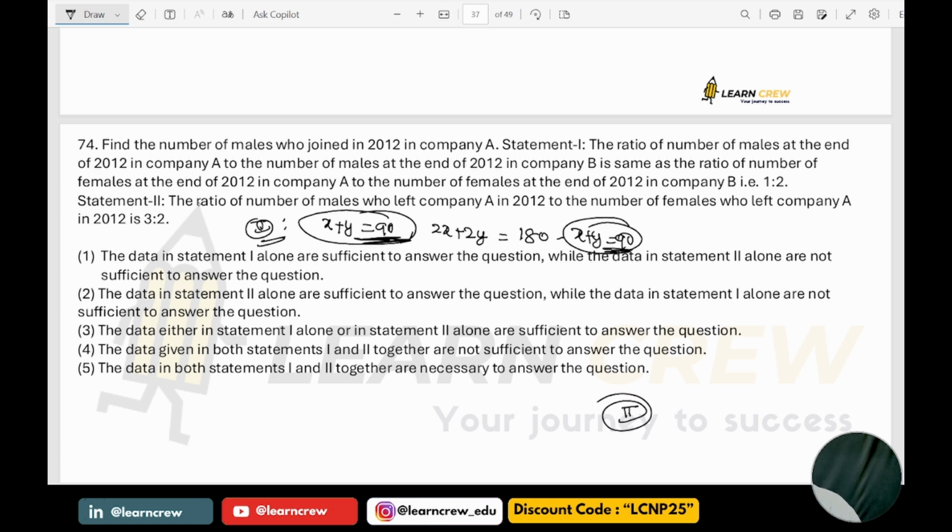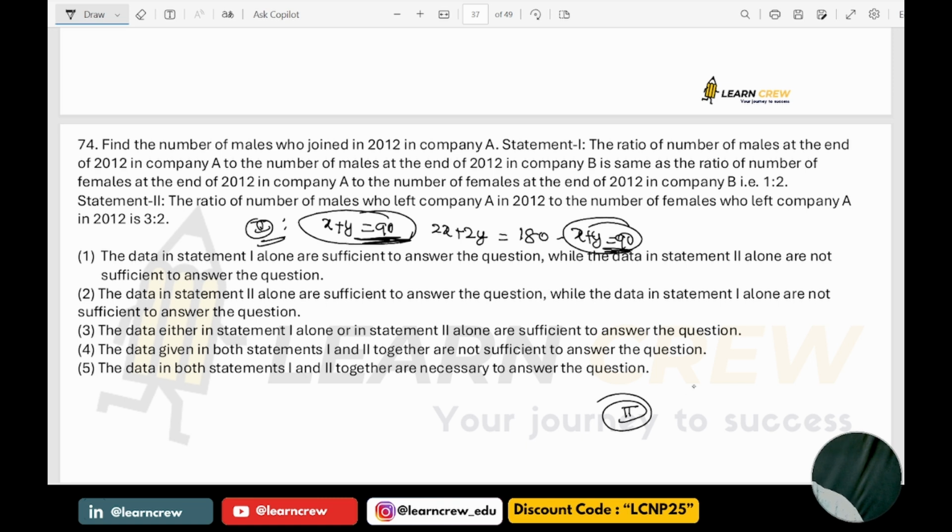Second statement, what is given? The ratio of number of males who left company A in 2012 to number of females who left company A in 2012 is 3:2. Out of total 5 parts. So how many have left here?